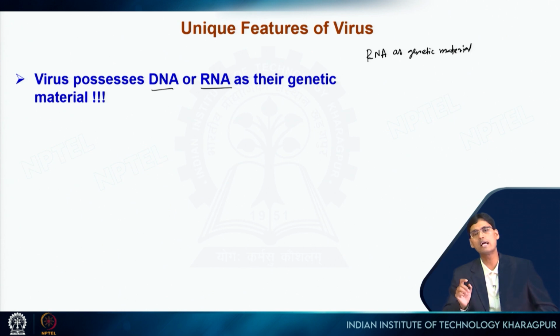So you need an enzyme which can make RNA from RNA. So that's why they need an enzyme. It is called RNA dependent RNA polymerase.